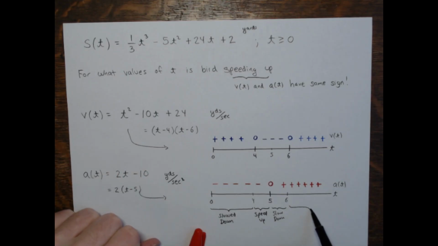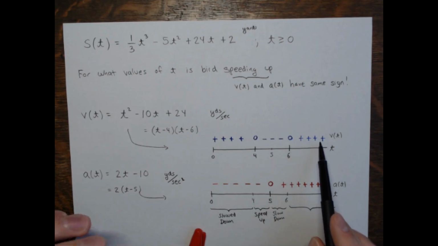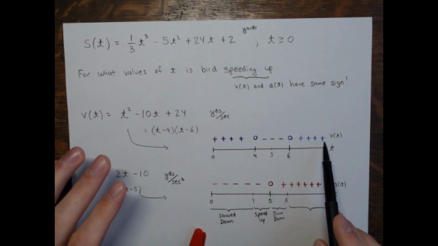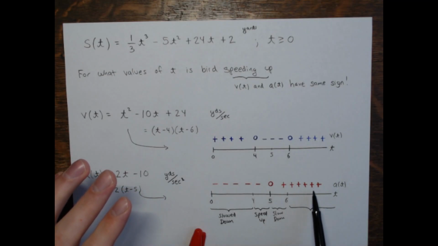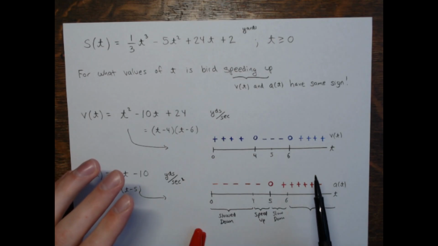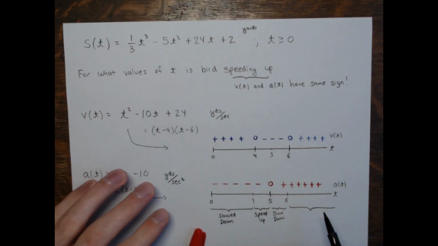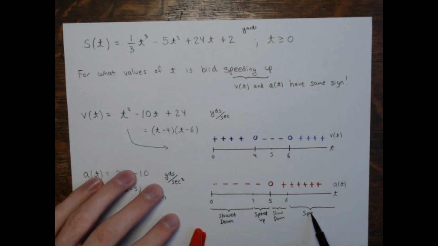And then for the rest of the bird's flight, from 6 seconds onward, now the bird has turned and is moving right, got a positive velocity. The wind is also blowing to the right, the pull is to the right. So from 6 seconds onward the bird is going with the wind, meaning it's being sped up.